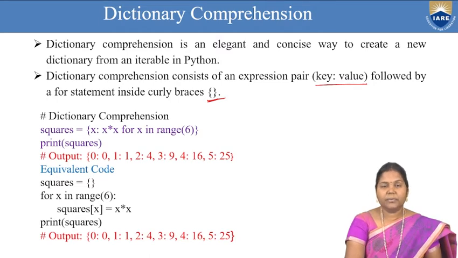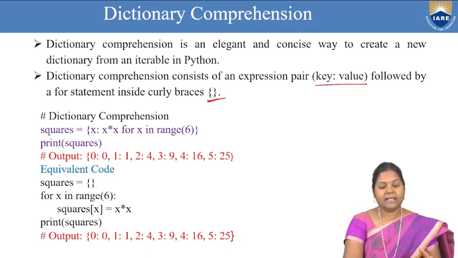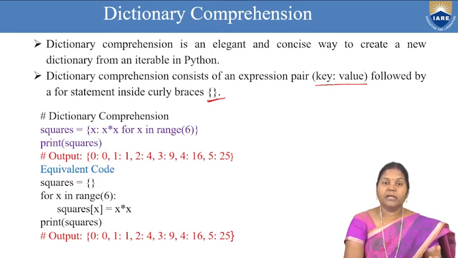So it is very simple how to write it. Let us see one example. Suppose let us create a set of key value pairs from the range of 0 to 5 and create the square of each number. Keys are the numbers from 0 to 5 and its squares are the values.